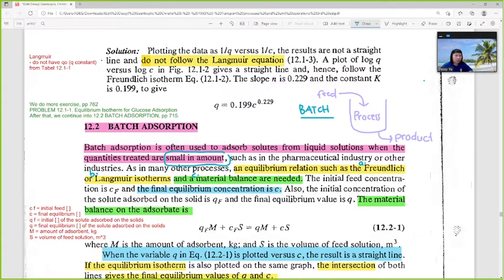Here, the batch term in the absorption process is proposed to absorb fluid, gas or liquid stream, through the solid absorbent.